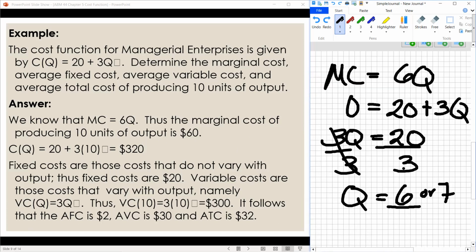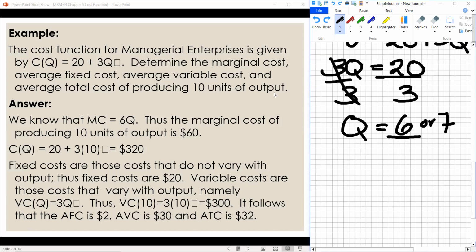So 6 times 10 would be 60. Given that the total cost is 10 units of outputs. So 6 times 10 is equals to $60. So this is the total cost. That's why it came up with this number.